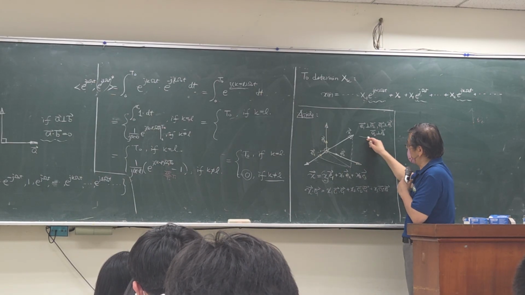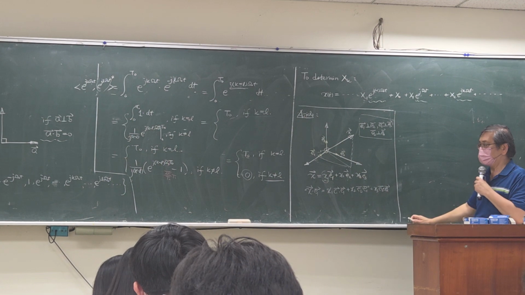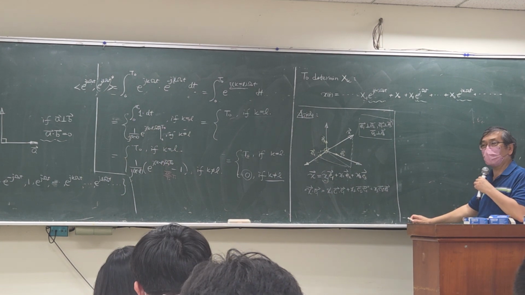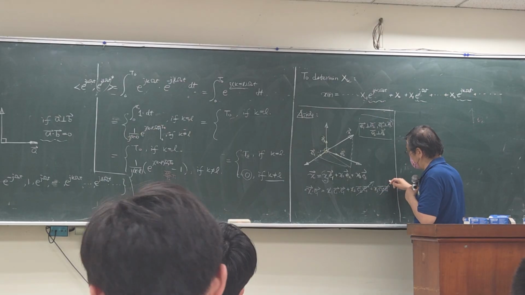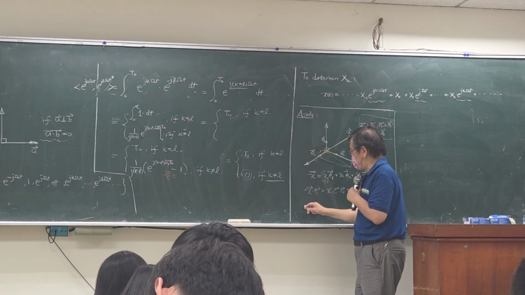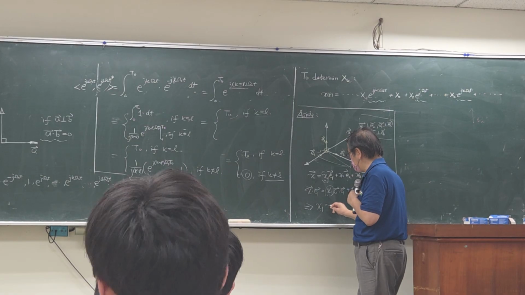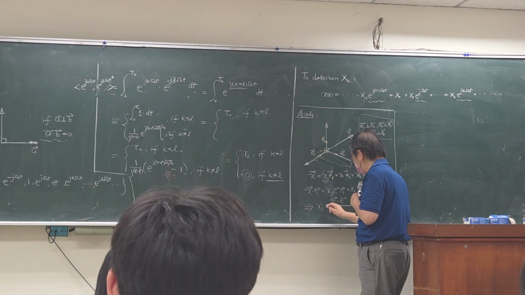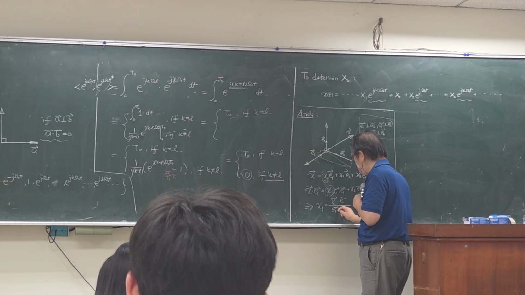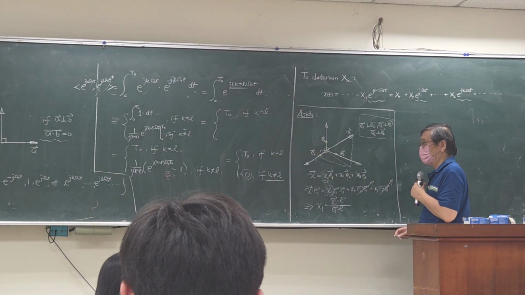Now, since I have assumed in the beginning E1, E2, E3 are orthogonal to each other, so it's an orthogonal basis. So E2 dot E1 is 0, E3 dot E1 is 0. So my component x1 is simply x dot E1 divided by E1 dot E1, right?